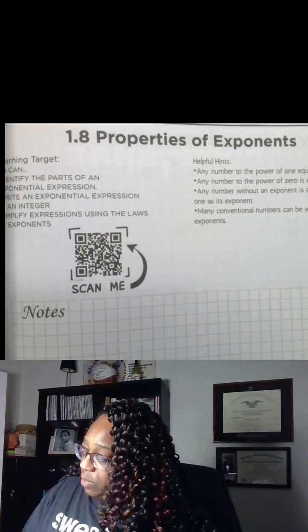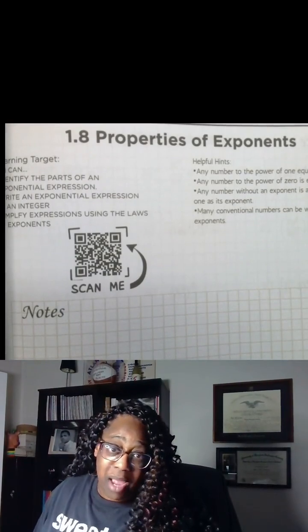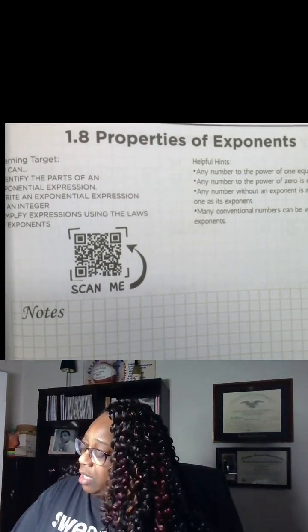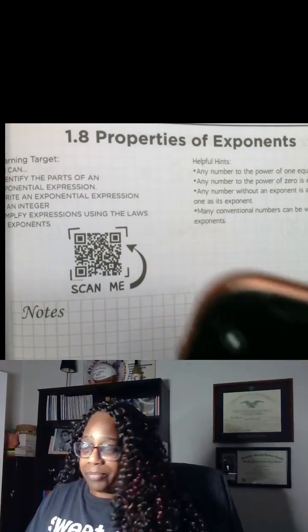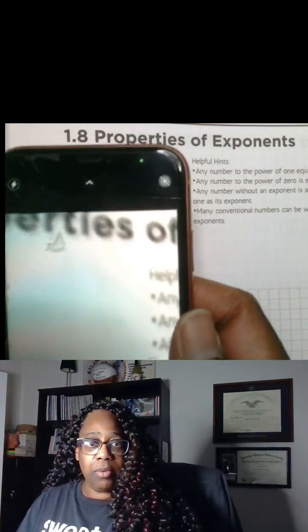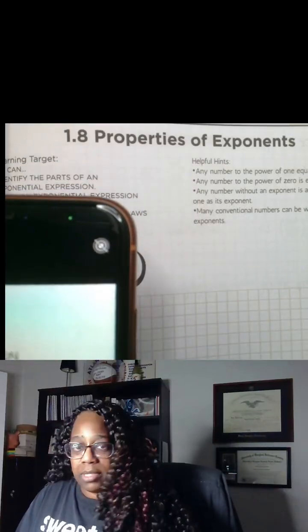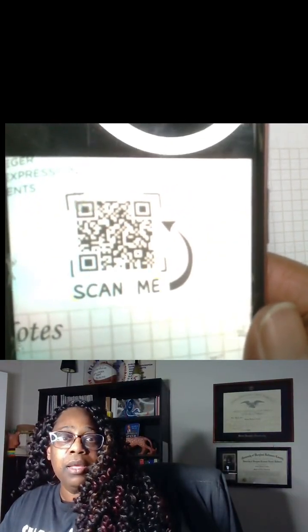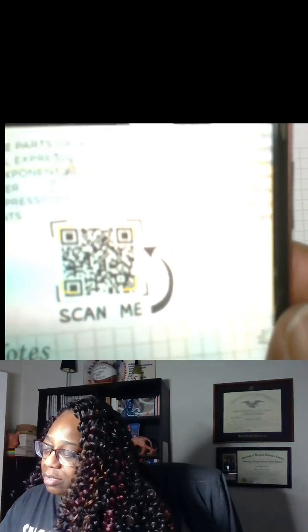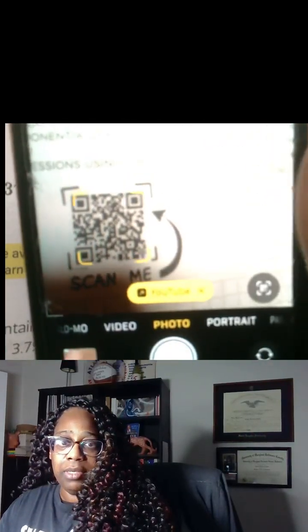So what I did was I took a lot of my videos. Let's say properties of exponents. I'm going to go to my camera, and as best I can, you guys can't see this, I'm going to scan the QR code, and then this little YouTube comes up, so I'll click on that.